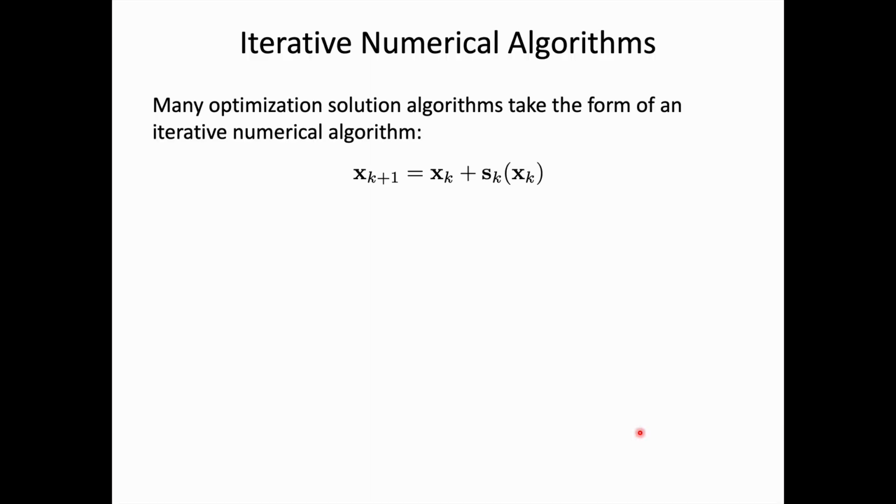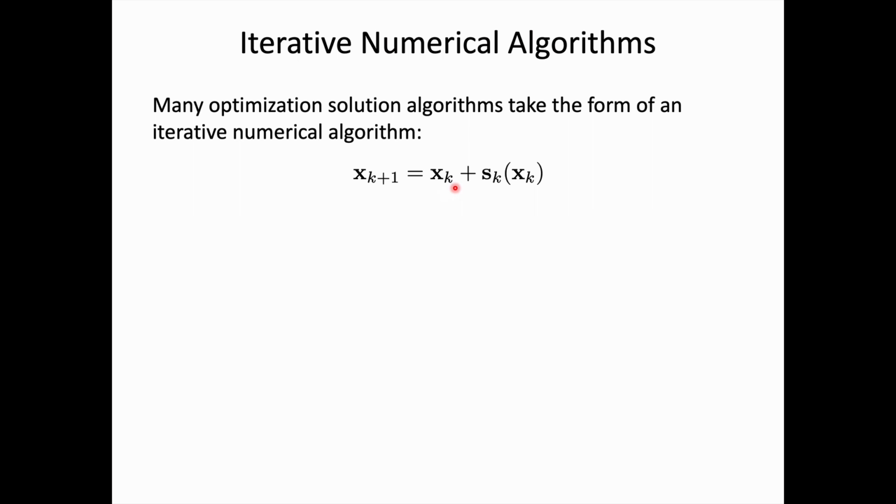Many optimization solution algorithms take a particular form using this sort of recursion formula, where we are trying to find this value of x, being a vector, that minimizes a function.